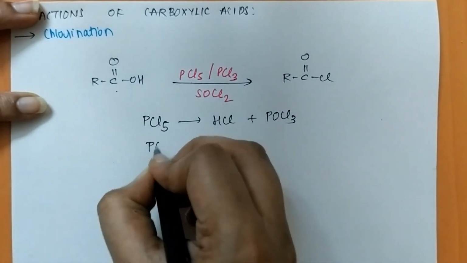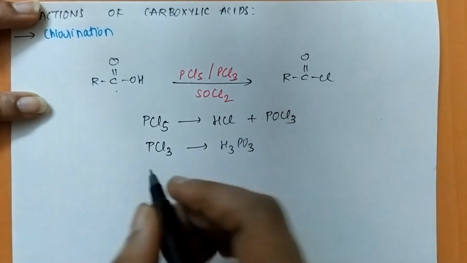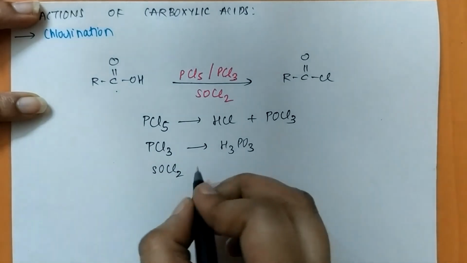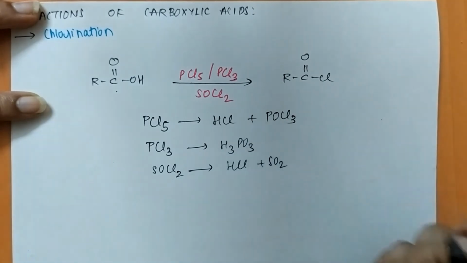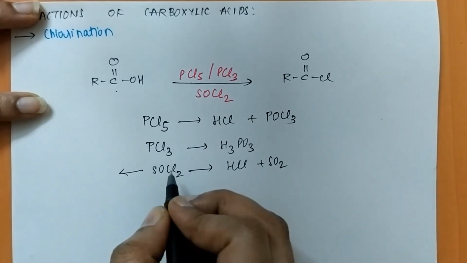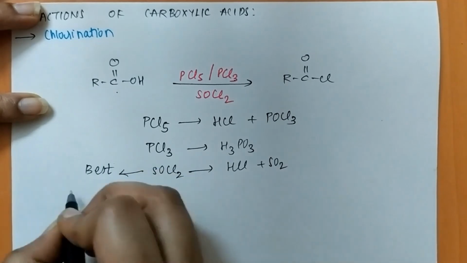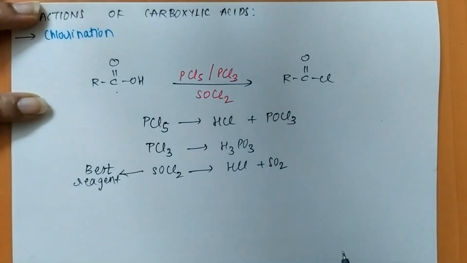But if our reagent is PCl3, then the byproduct which is formed is H3PO3, and if the reagent is SOCl2, then it is going to form HCl plus SO2. And this SOCl2 is called sulfonyl chloride. That is also called thionyl chloride. It is the best reagent for the chlorination of carboxylic acids.